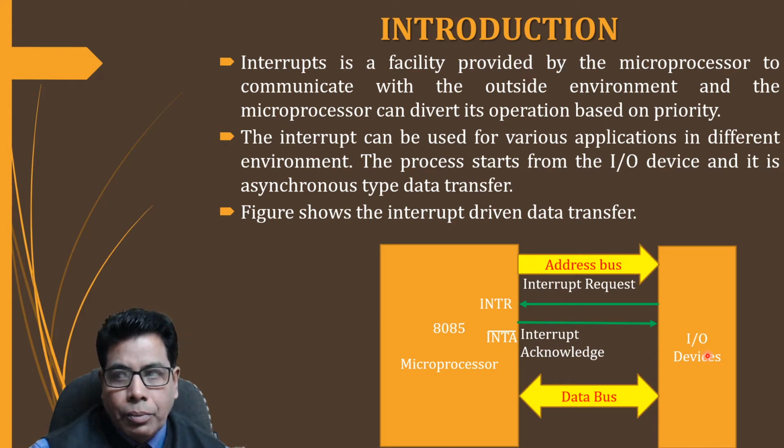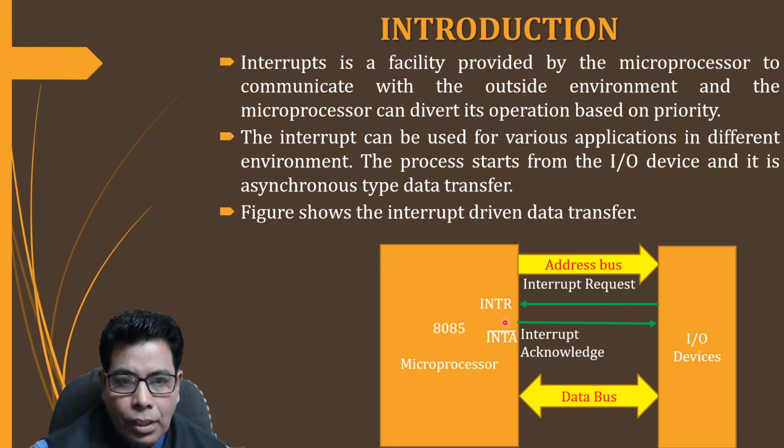So the microprocessor can initiate the data transfer after getting an interrupt signal from the IO device. The IO device will send the interrupt signal, and then the microprocessor will initiate the data transfer.